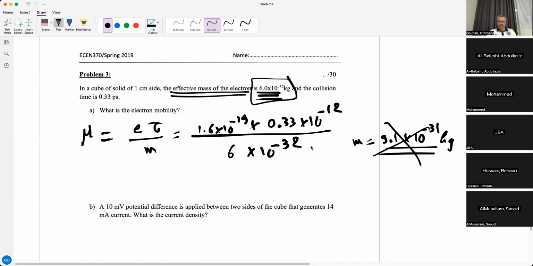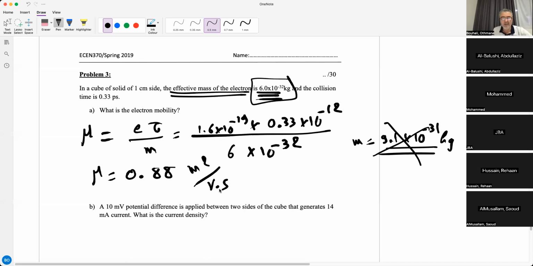So the mobility is 0.88, and the unit of the mobility is meters squared per volt second.